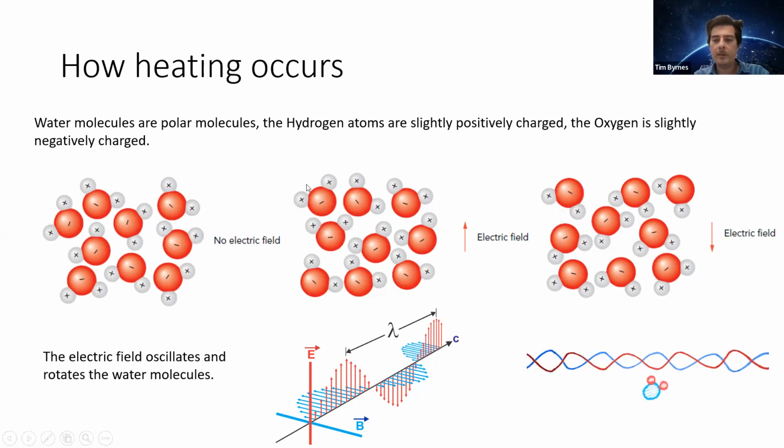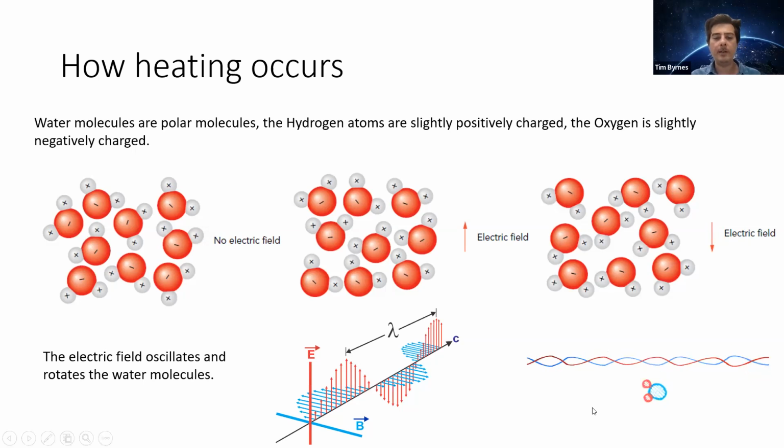So if you've got an oscillating electric field, all these water molecules will start to rotate because of the applied microwave. The temperature of something has to do with how much energy the atoms that make up the object have.